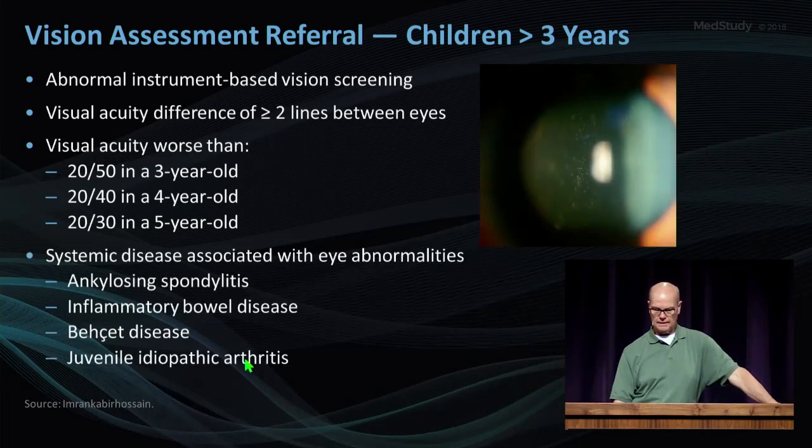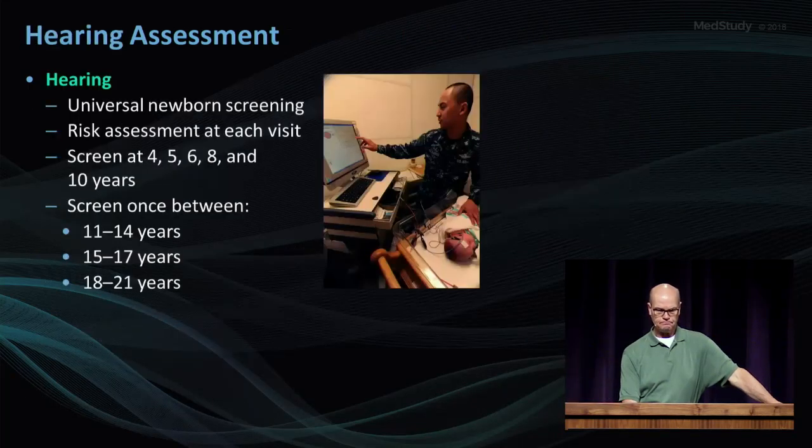And then also remember that a variety of inflammatory bowel diseases and collagen vascular diseases and rheumatologic disorders are associated with uveitis and chorioretinitis. So in any scenario describing these and other similar diseases, you're going to want to refer.